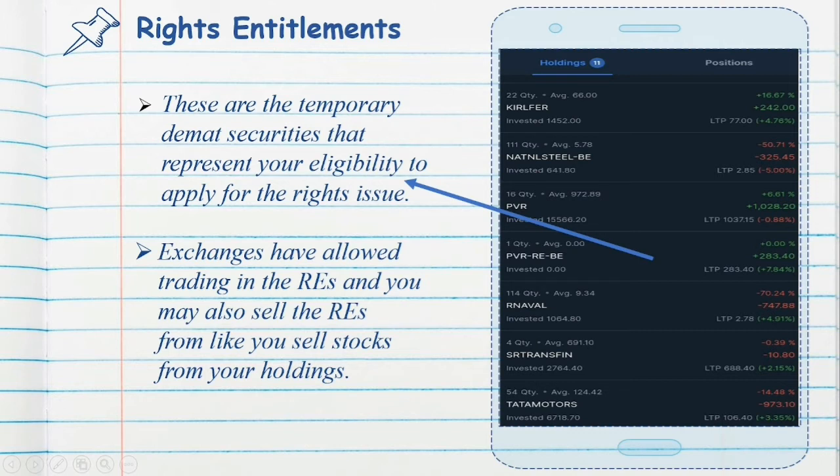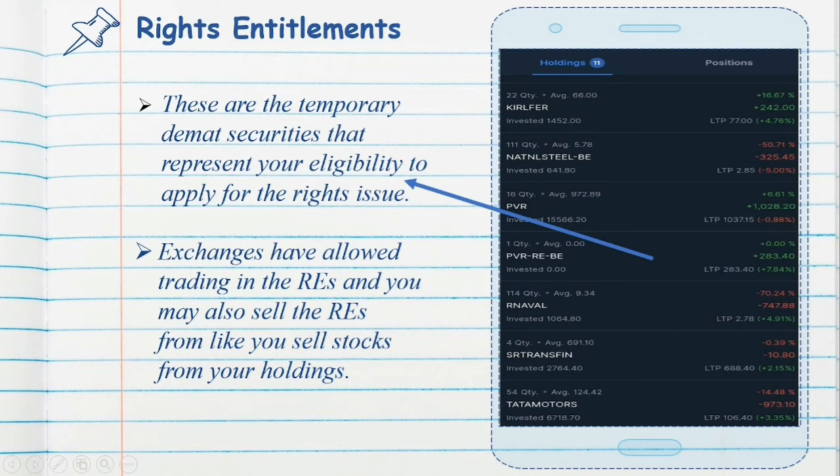So what I did was I purchased that one share which was entitled to me, and now let us see how these shares which are applied using the rights issue window are allotted to us, and how we can check whether we have received such shares in our demat account. For that, basically you have to wait for a period of 1 week after the closure of that rights issue window.